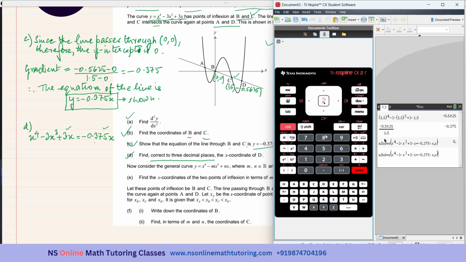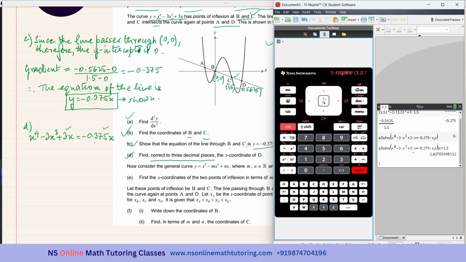Now I will add the condition, so there should be the pipe, and then x greater than 1.5. Enter.